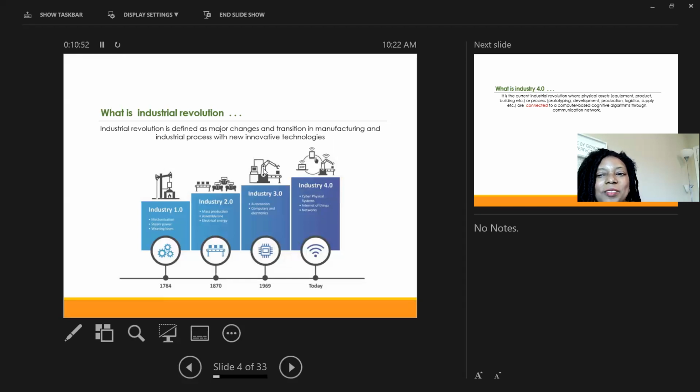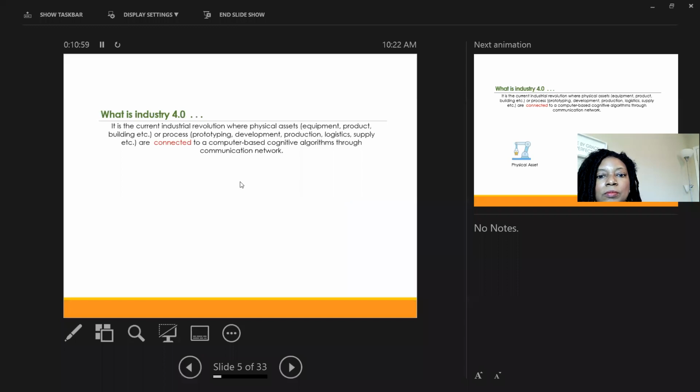And that is what I will be talking about. Then we move into 4.0.1. Industry 4.0 is the current industrial revolution where physical assets, as I've explained, are connected to some cognitive software somewhere.